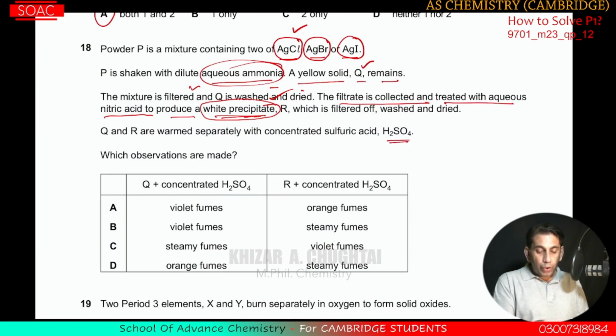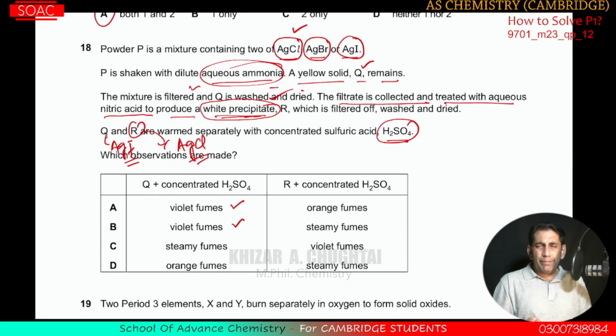Now, what is the Q? Q is basically AgI. What is the R? R is most probably AgCl. So, when AgI is allowed to react with concentrated sulfuric acid, finally white fumes are formed.